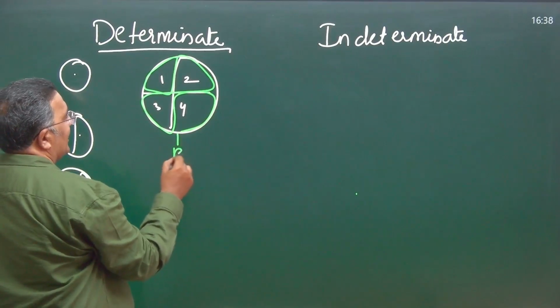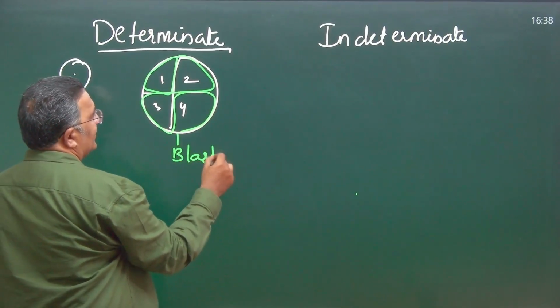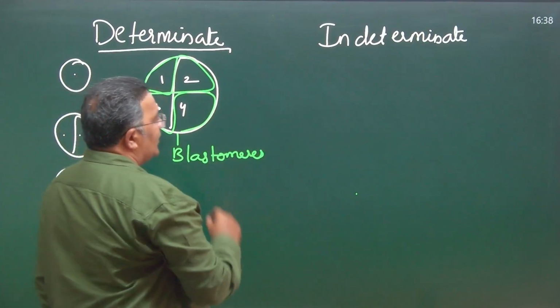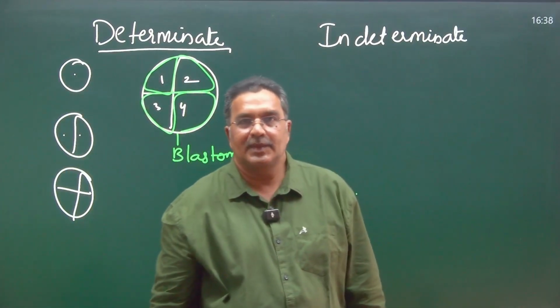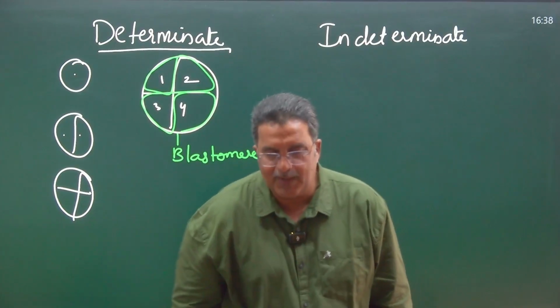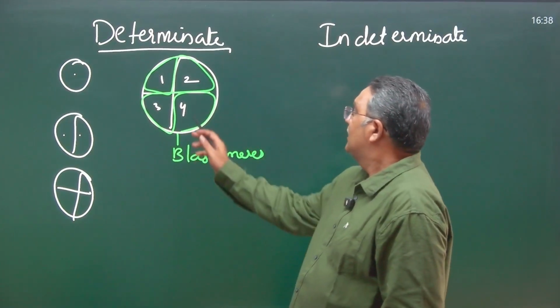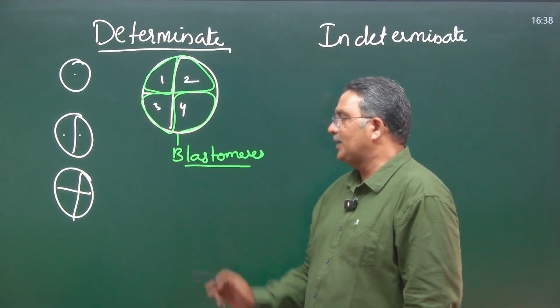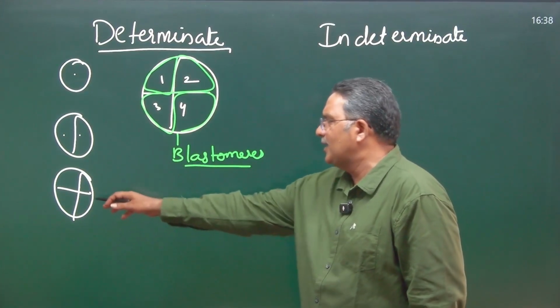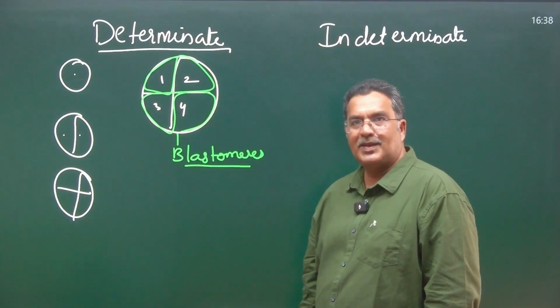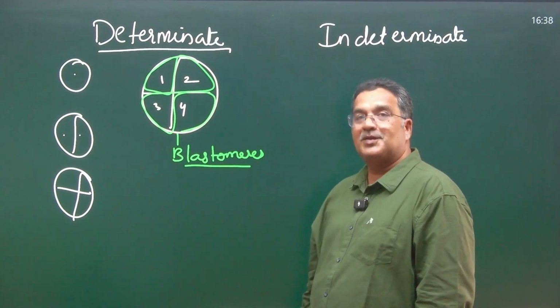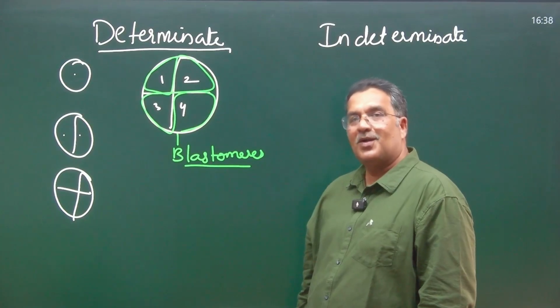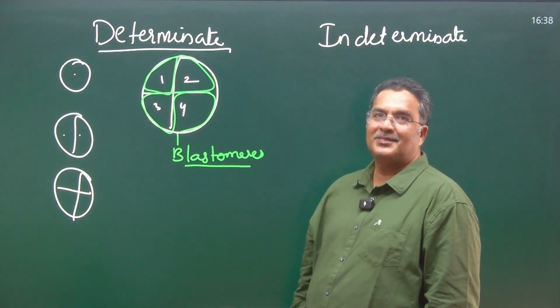We call these cells blastomeres. During embryonic development, the cells formed after division we call blastomeres. The 2 blastomeres, 4 blastomeres, these 4 blastomeres decide what they want to become in the adult.